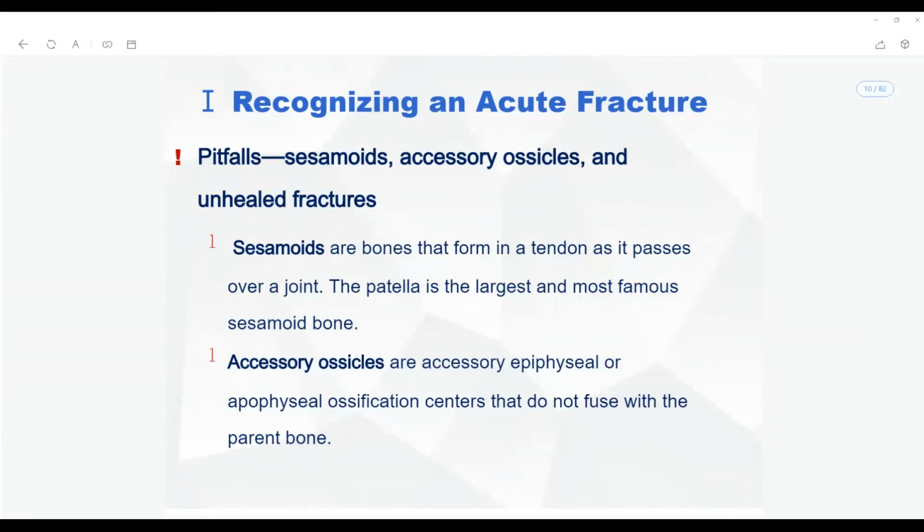Okay, look at this picture, and you see here the fifth metatarsal apophysis is entirely different. See, there is the apophysis. Apophysis is the place where the ossification hasn't appeared yet. Okay, so it actually happens. These are called apophyseal or accessory ossicles.